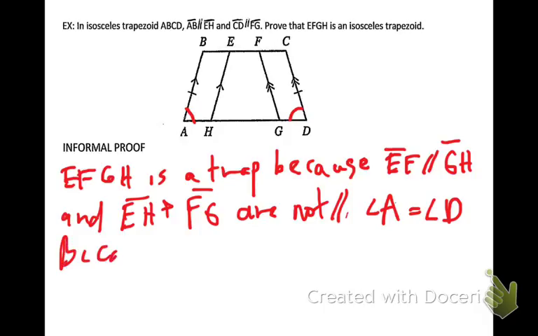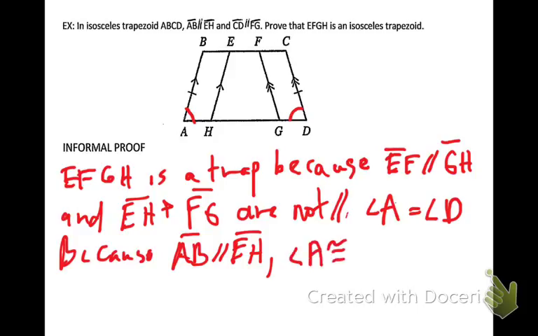Because AB is parallel to EH and angle A is congruent to angle EHG. Because AB and EH are parallel, we have corresponding angles, right? Angle A is going to be congruent to angle EHG. These angles correspond, so those two angles are congruent.